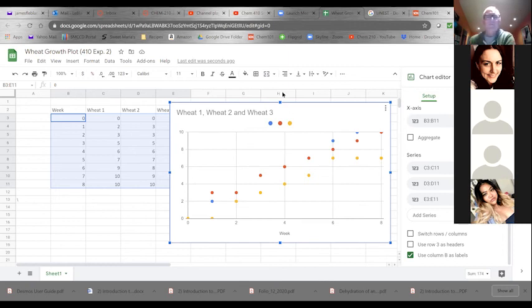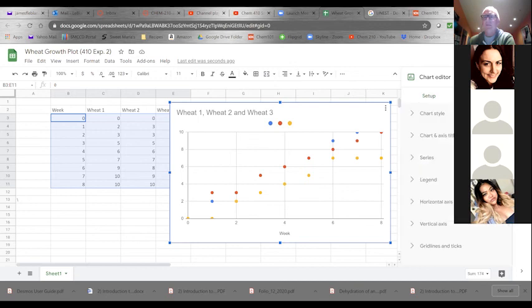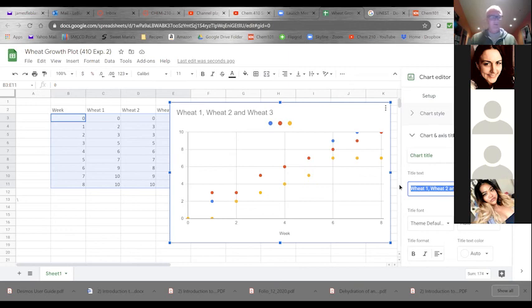Now, getting the lines on it is a little trickier. When this is open, this little chart editor pops up, and we can customize what we're looking at. We can put titles. It already has given us a chart title, but we can change it to whatever we want: wheat plants height over time, something like that.